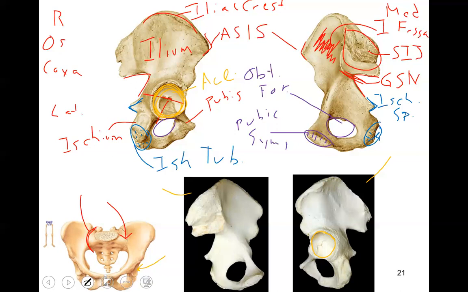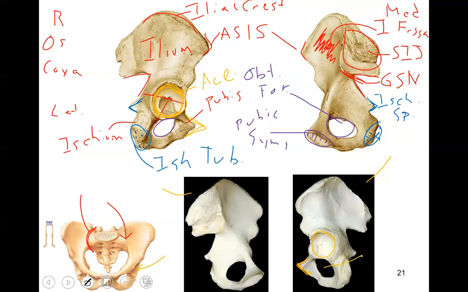So here is the acetabulum. On the lateral side of the bone, note that the pubis points anteriorly, right? So it's going to point to the left on a left os coxa. It is going to point to the right on a right os coxa. Okay, we can see the obturator foramen.